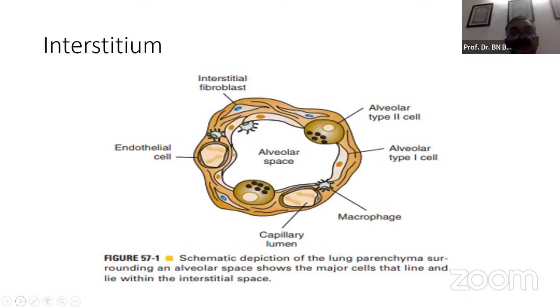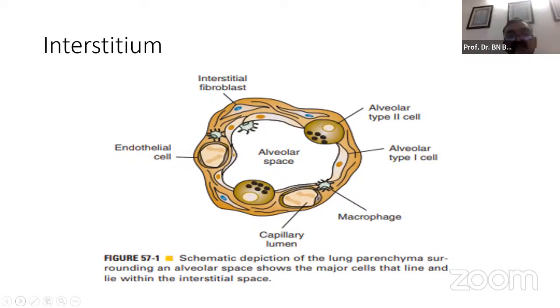You all agree with me that the interstitium is the space around the alveoli. We have 300 million alveoli in the adult lung, and they are supported by interstitial structures, which basically consist of the collagen matrix, lymphatics, and also the blood vessels and various cellular elements associated with these structures.